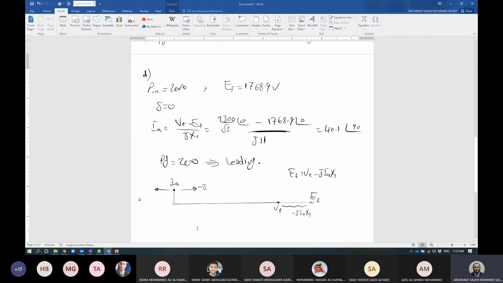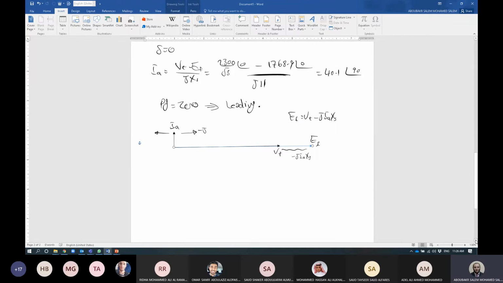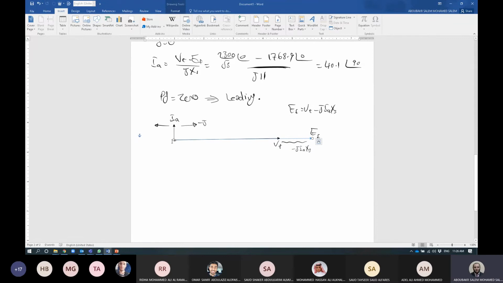Now we get the line current here is 40 amps. And as we could see, the power factor here is leading, 0 leading. By what percent will the value of current be minimum? By what percent change in EF in order to achieve minimum current? We said you will solve this.